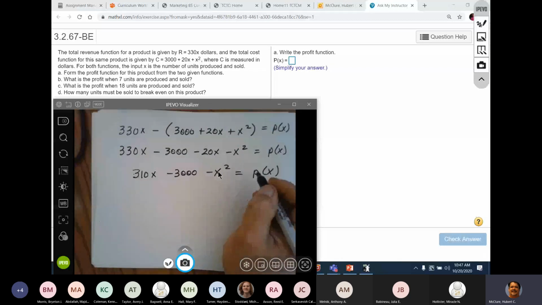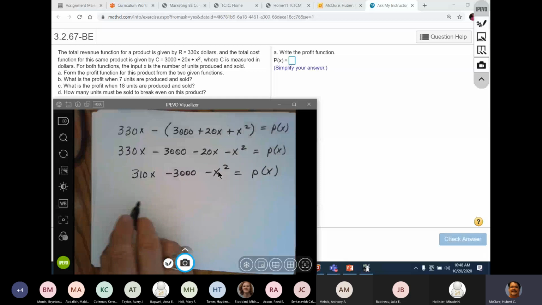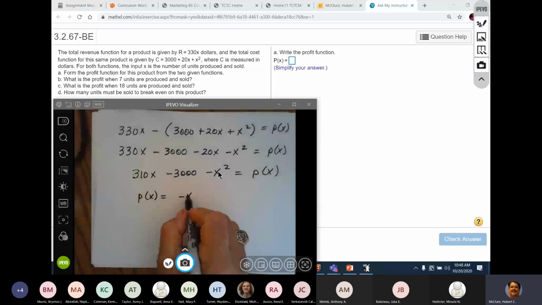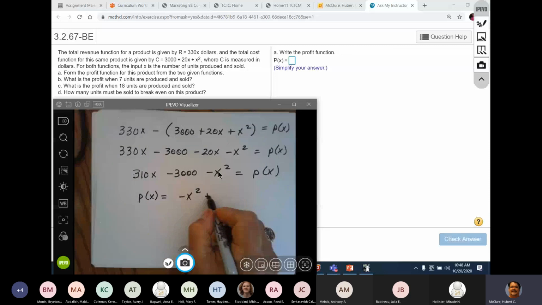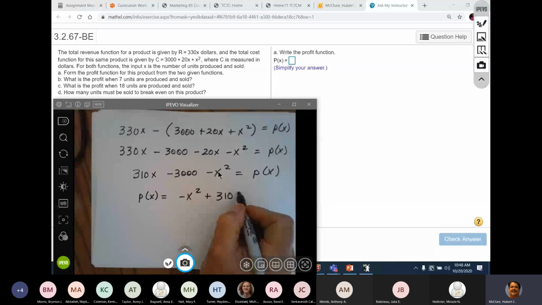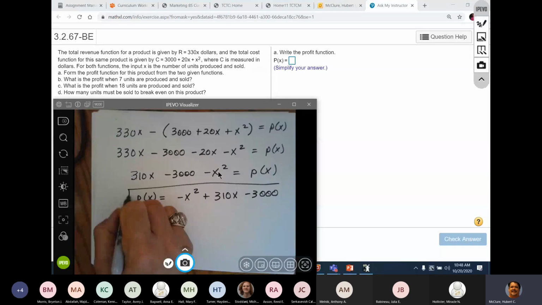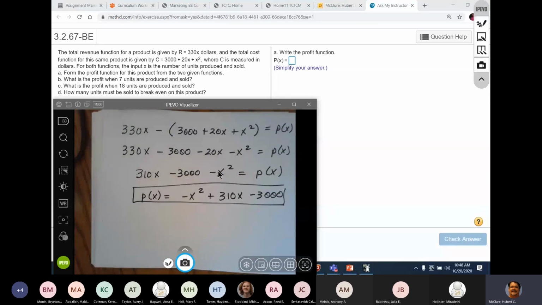Well, I'm going to turn this around because I don't like looking at it like that. So I'm going to say P of x is equal to negative x squared plus 310x minus 3,000. Now, I would graph that because they're probably going to ask you questions about that function.